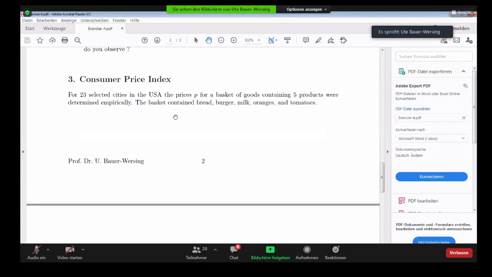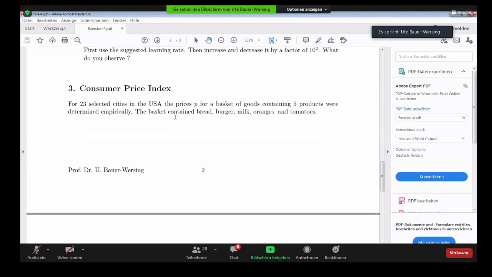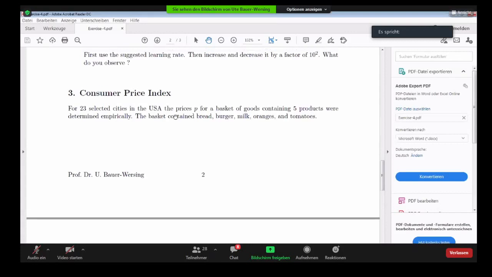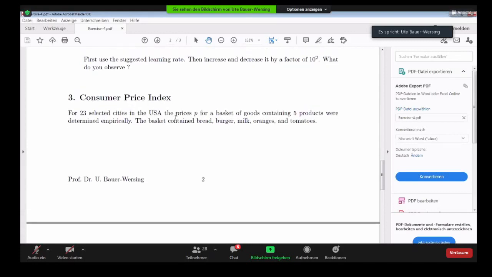The question is to come up with a consumer price index. We will look at prices for different products in a basket of goods: 5 different products and their prices for 23 different cities in the US.